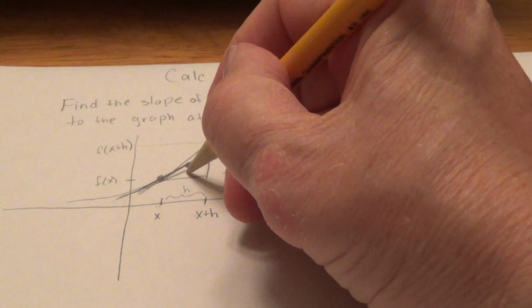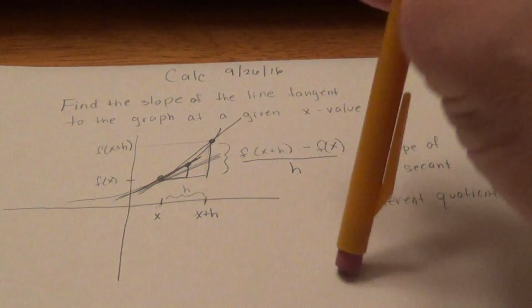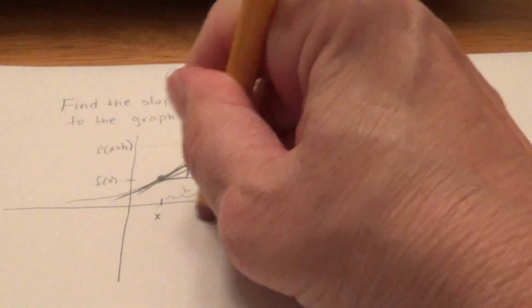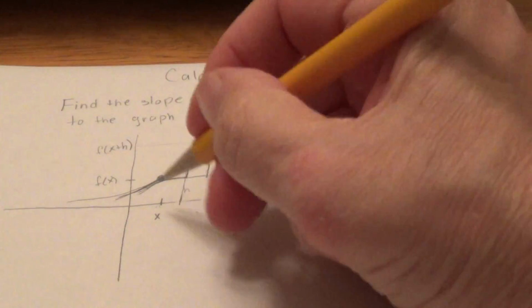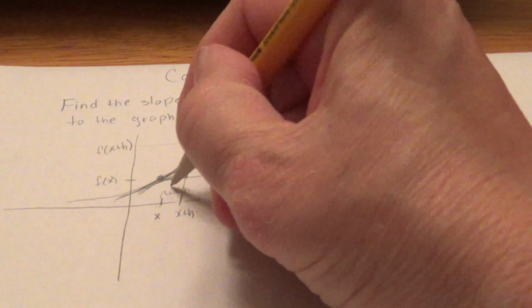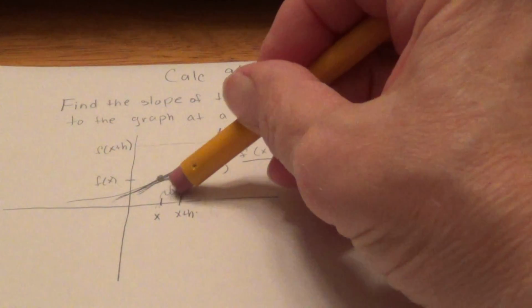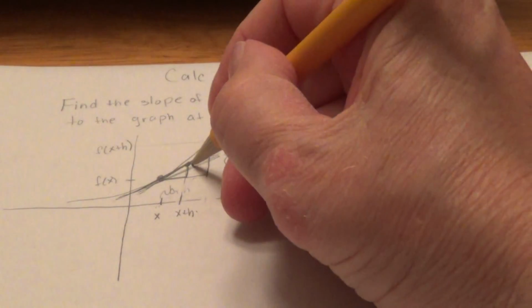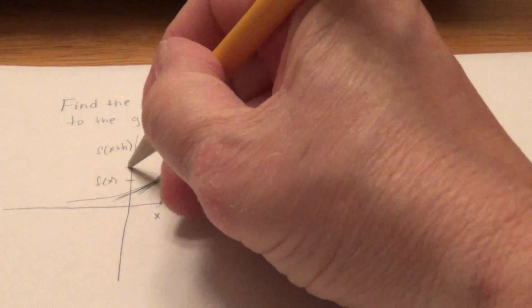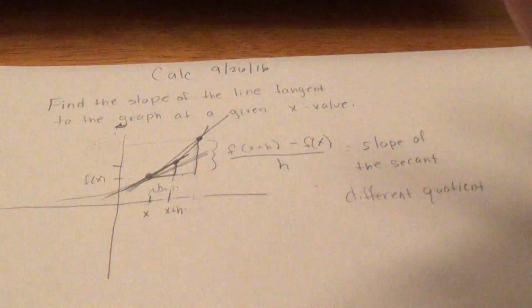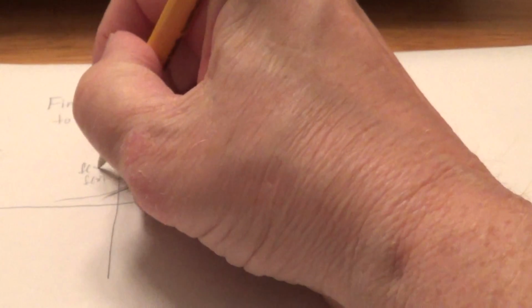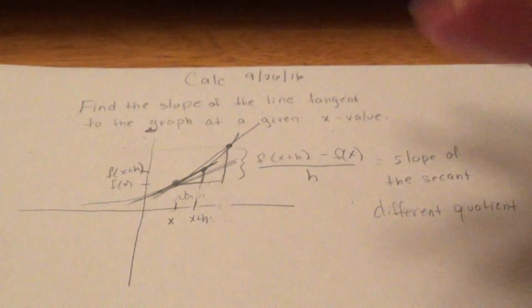So if, instead of having our value of h that big, we shrunk it to here, x plus h is now only this big. And when we do that, our f of x plus h comes down to here instead of up here. Everything is shrinking.